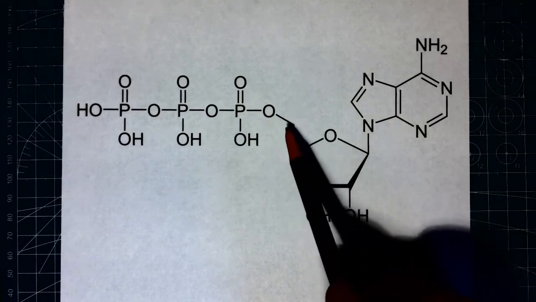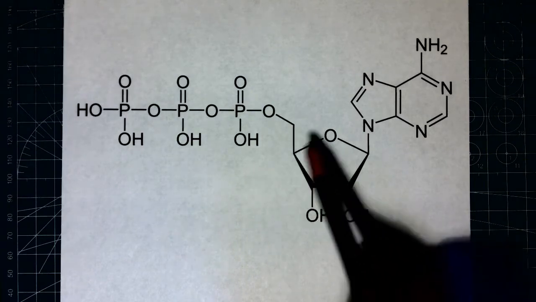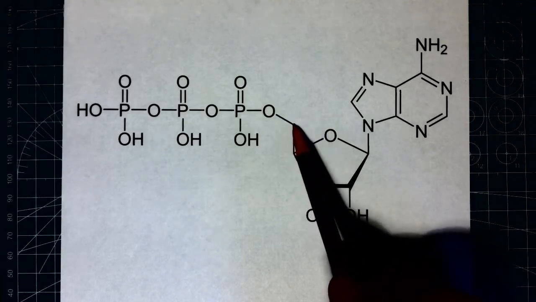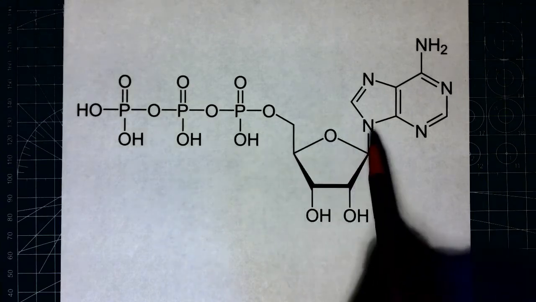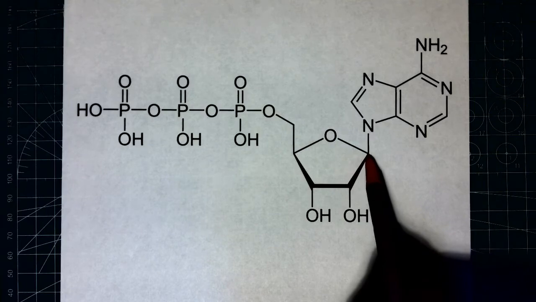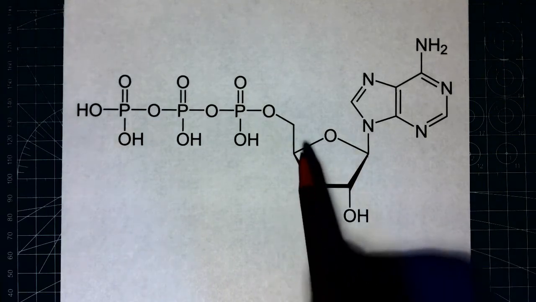And you'll notice that there are little sections where two bonds meet that do not have a letter on them. All right, it doesn't indicate that there's any element here. And that's because chemists are really lazy when we write things. So everywhere where you don't see anything, that's actually where there's a carbon. Okay.